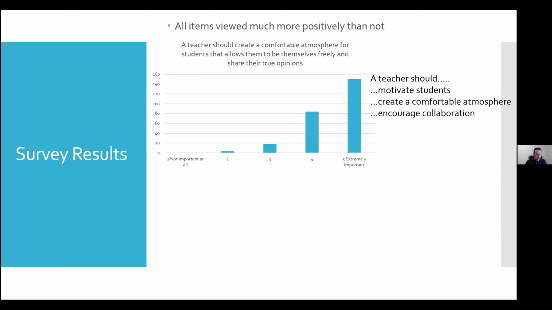Items such as the teacher should motivate students, the teacher should create a comfortable classroom atmosphere, and to a lesser degree, the teacher should encourage collaboration, all scored in a similar way to the chart shown here, with most responses being in the extremely important category, and then the frequency of responses cascading downwards, the final option of not important not receiving a single vote from students for these items.